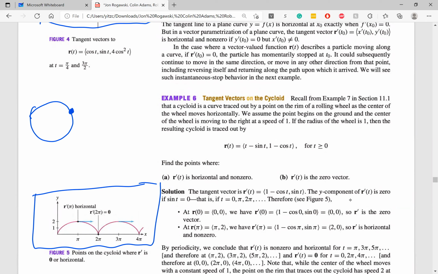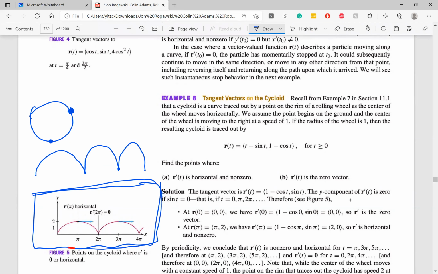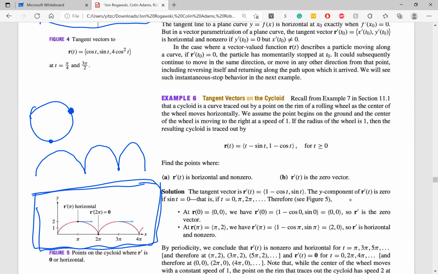So over here it's high, and then over here it's at 0. So it will look something like this, right? If you're just following this one point as time moves, then it gives you this curve over here.